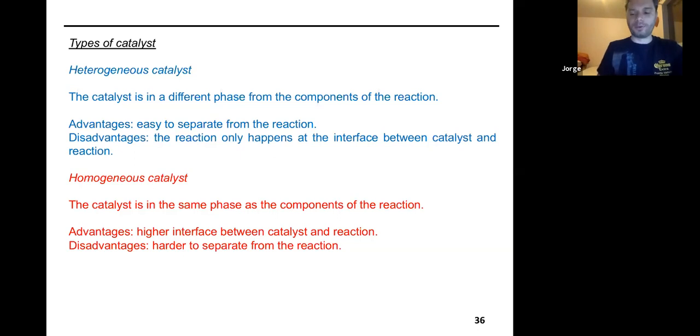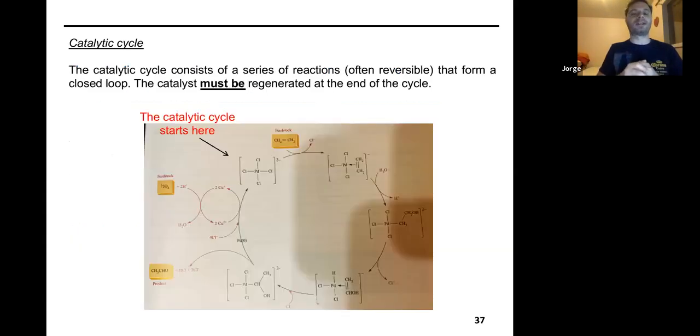So I showed you so far the definition of a catalyst, the 4 characteristics that we should look for in a good catalyst, and types of catalyst. So now let me show you what a catalytic cycle is.